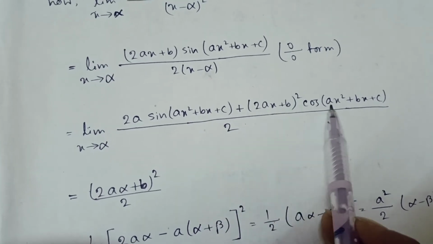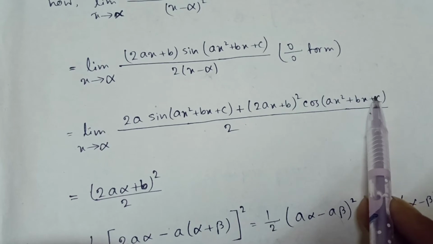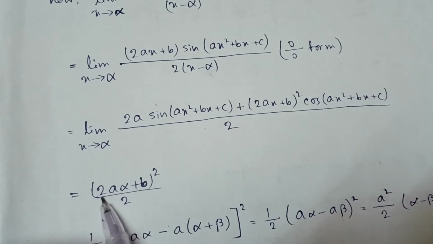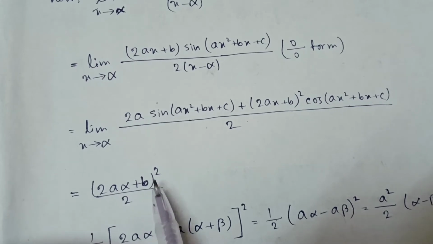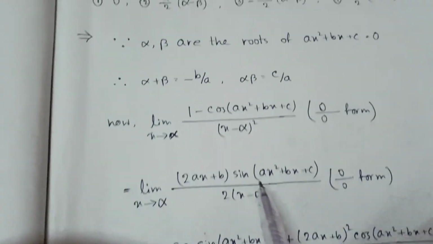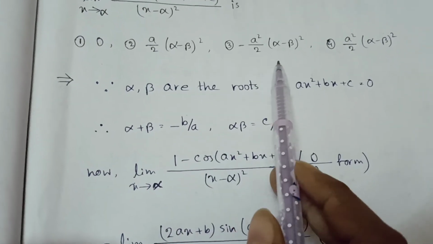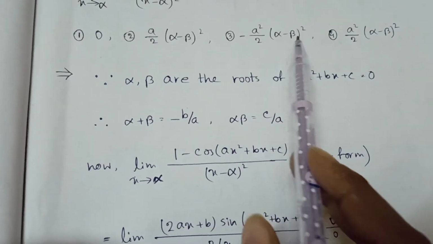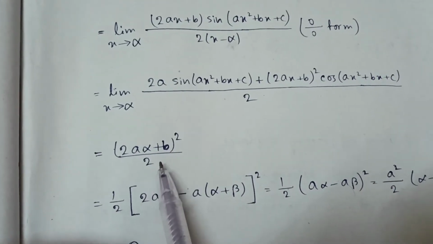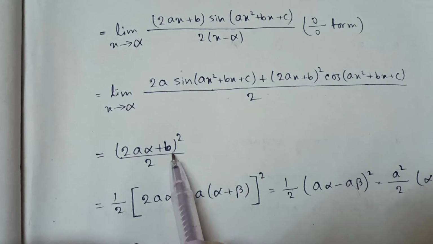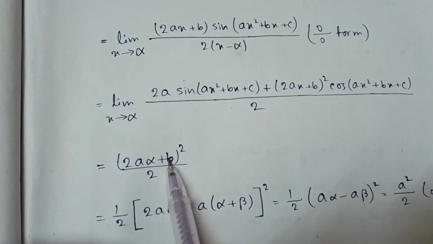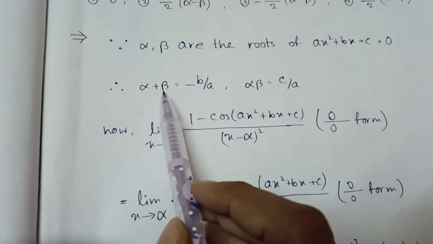And this will become cos 0, which is again 1. So the limiting value is (2a alpha plus b) whole square over 2. Now see, in the options there is no b, so we have to eliminate b from here. So now we are going to put the value of b from this equation.